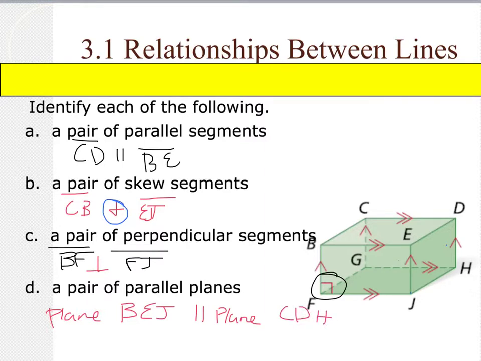Those two are parallel. Again, we use our parallel symbol. You can use several different symbols for plane. You could write out the word plane with 3 coplanar points. That gives you it. Or if you give me 4 coplanar points, that also works. 3 is enough though, but you do write the word plane out.